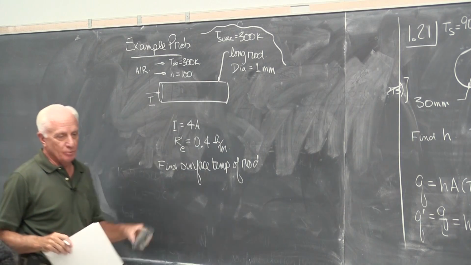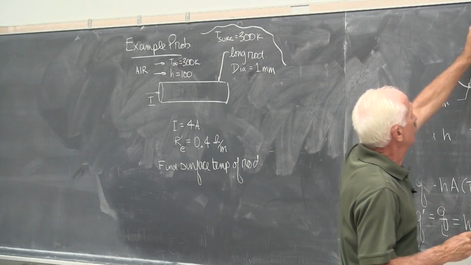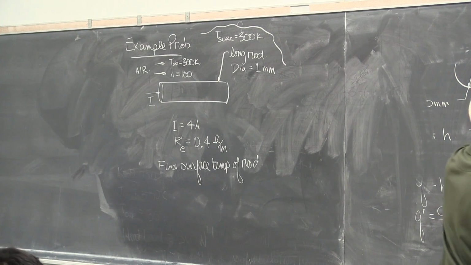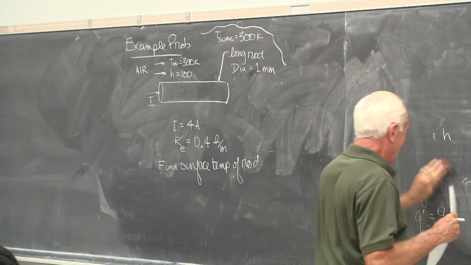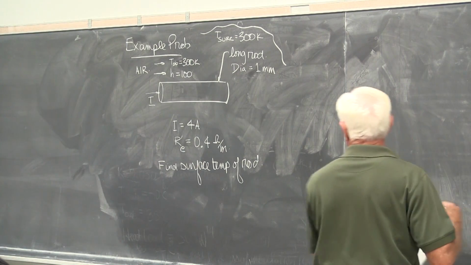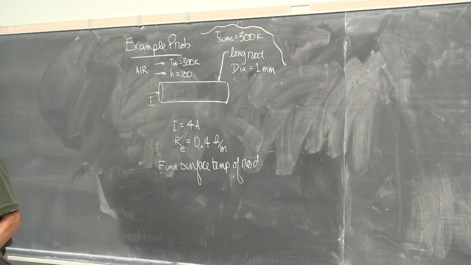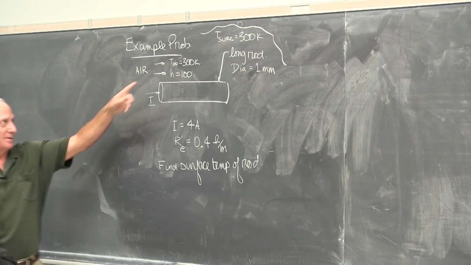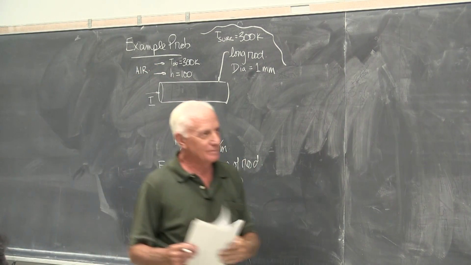Okay, so we're putting a current through a rod. It's in a large room, which of course, since he gave us emissivity and the surroundings temperature, we know we're supposed to include radiation. Since he gave us T infinity and h, we know we're supposed to include convection.